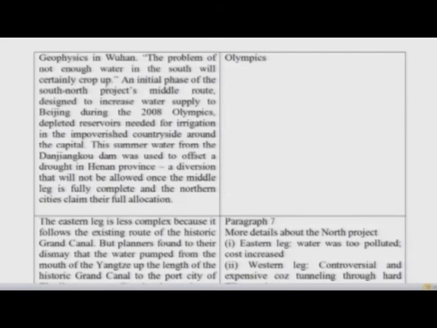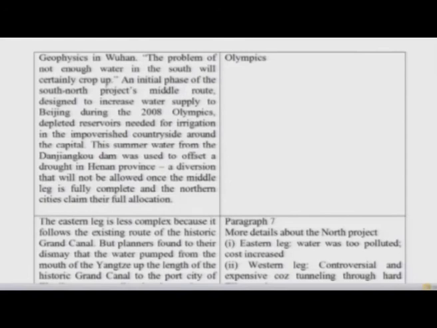This summer water from the Danjiangkou Dam was used to offset a drought in Henan province, a diversion that will not be allowed once the middle leg is fully complete and the northern cities claim their full allocation.